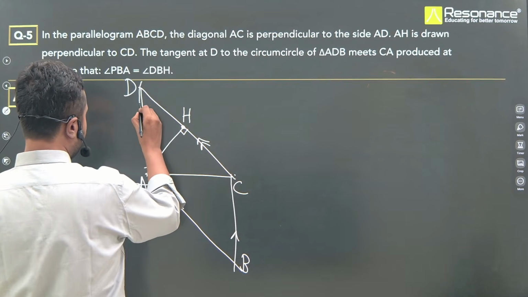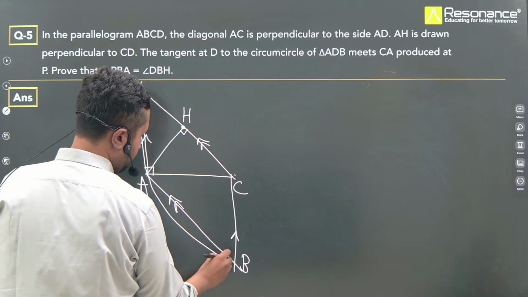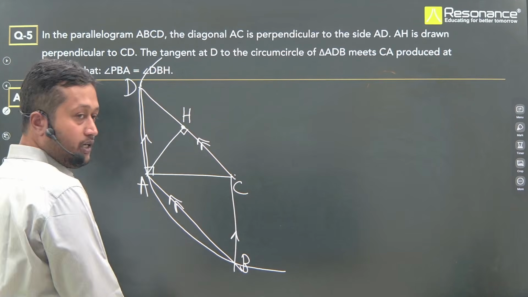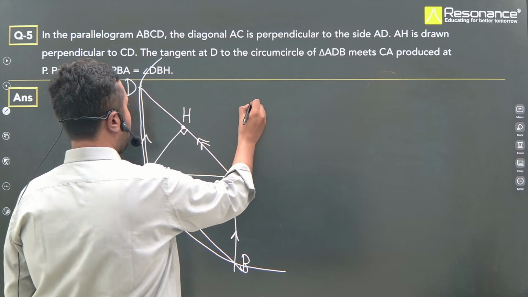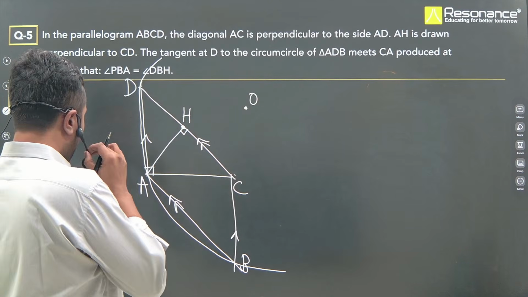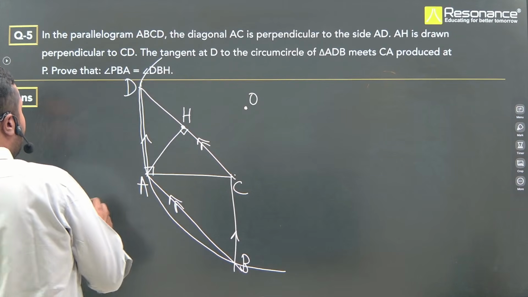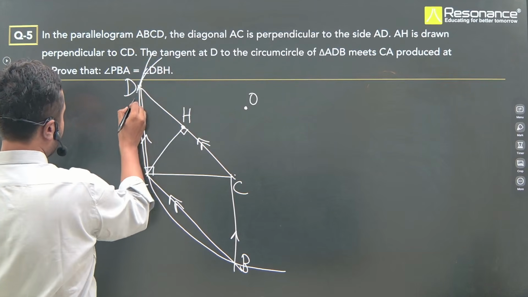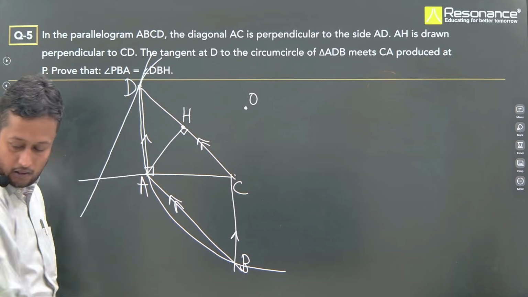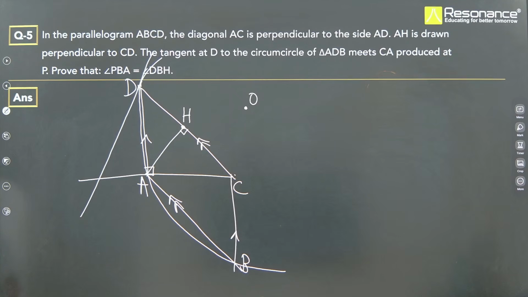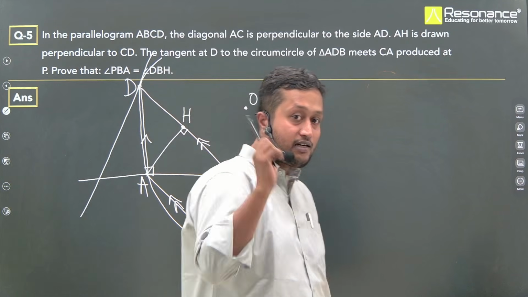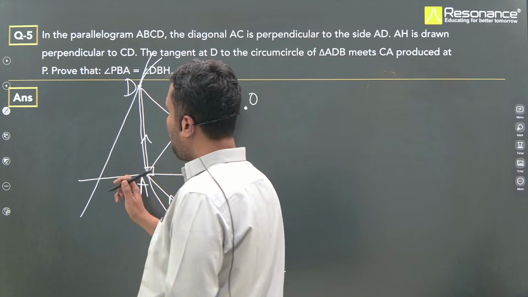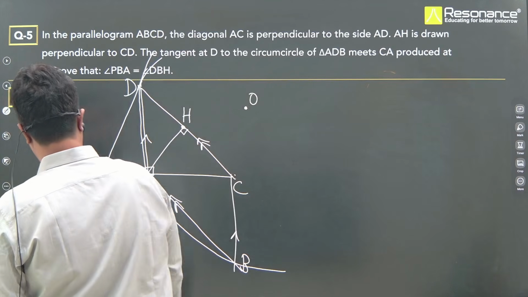We have the circumcircle of DAB, so that will have the center, I'll just call that O. Now, the next thing that's given is the tangent at D. The tangent at D to that circumcircle meets side AC, I mean the diagonal AC extended, at point P.